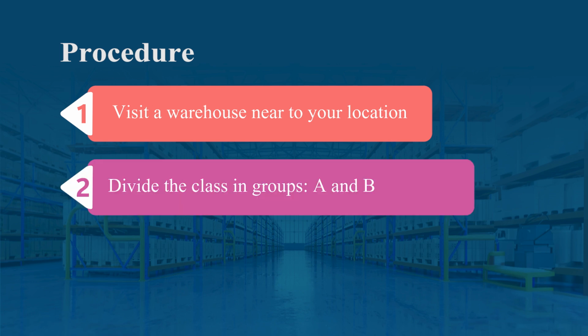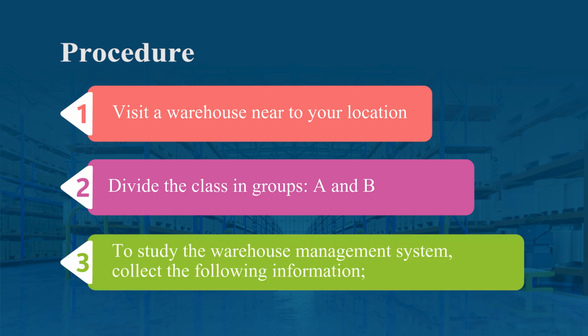Second, divide the class into two groups, Group A and Group B. Third, to study the warehouse management system, collect the following information with the help of the given table. In this table, you need to mention the appropriate option: yes, no, give reason or remark. Questions to be asked.